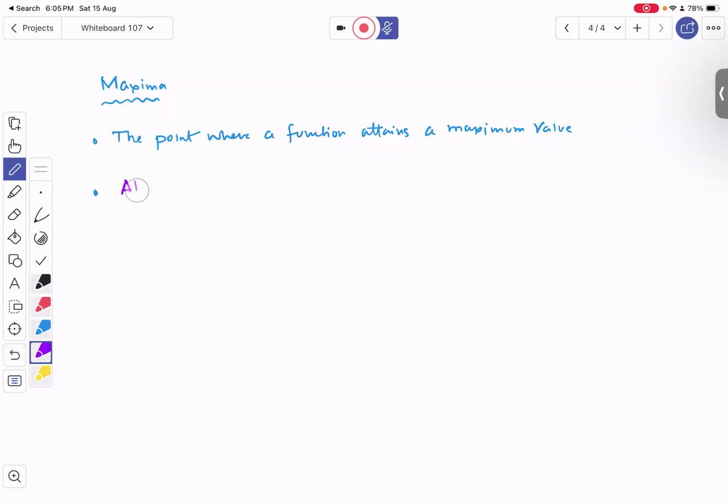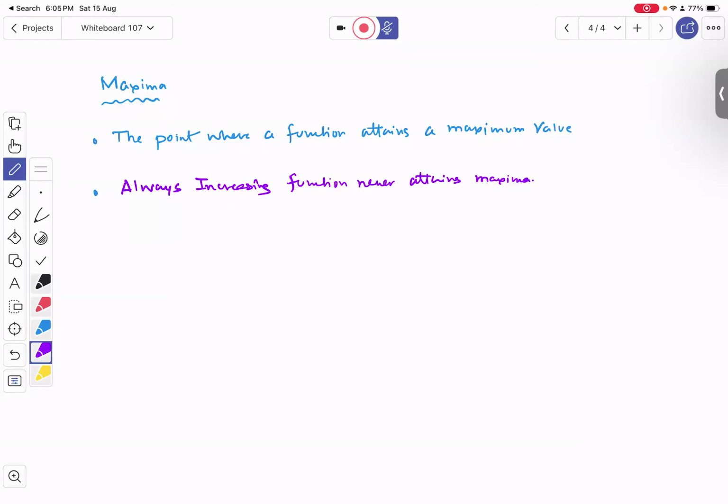Always increasing function never attains maxima. For a function to attain maxima, suppose I give an example, a weird kind of example, but maybe you will understand.